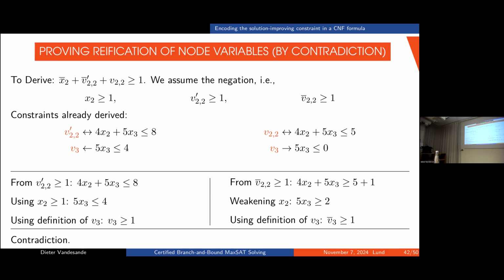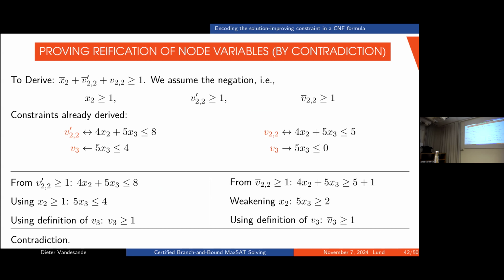And from the other, I take the other direction of the reification: V plus 4 times the negation of x2 plus 5 times the negation of x3 less than or equal to 5. If I add those two up, then the x2 and x3 cancel each other out, and then I still have enough on the right-hand side.